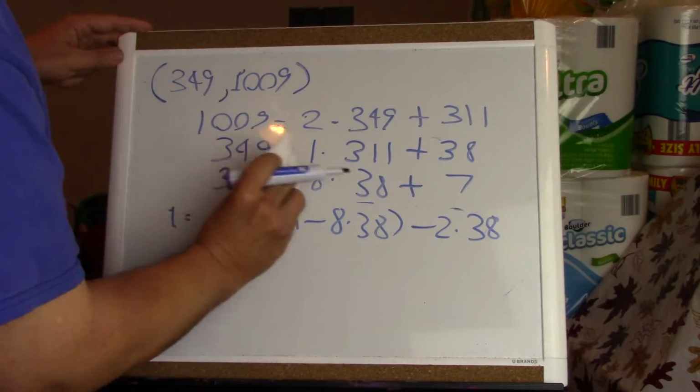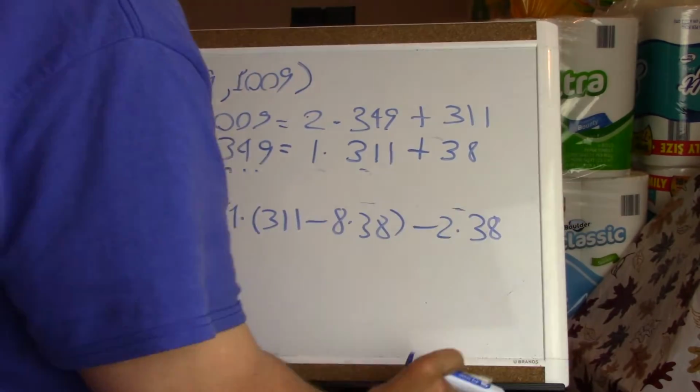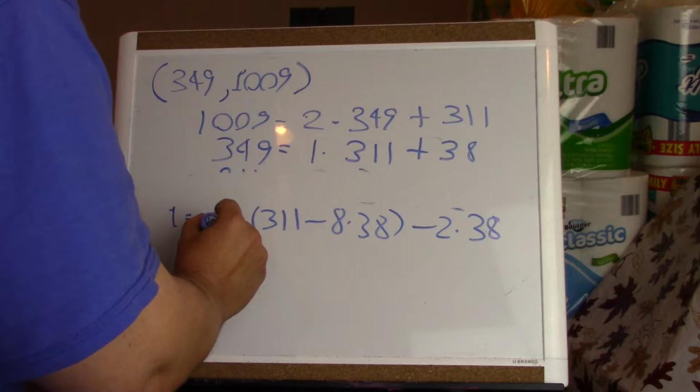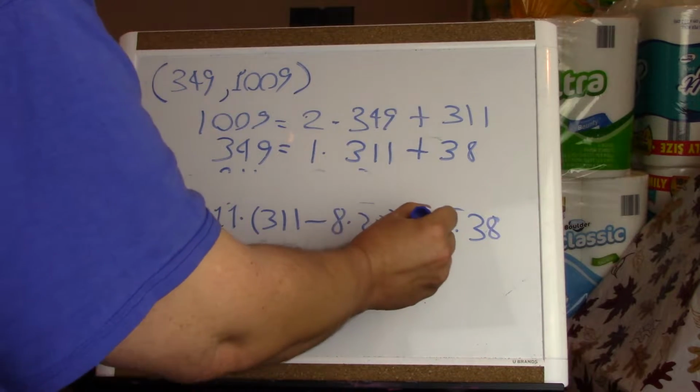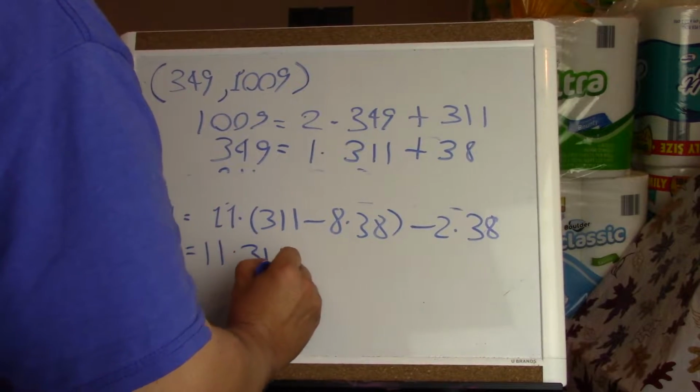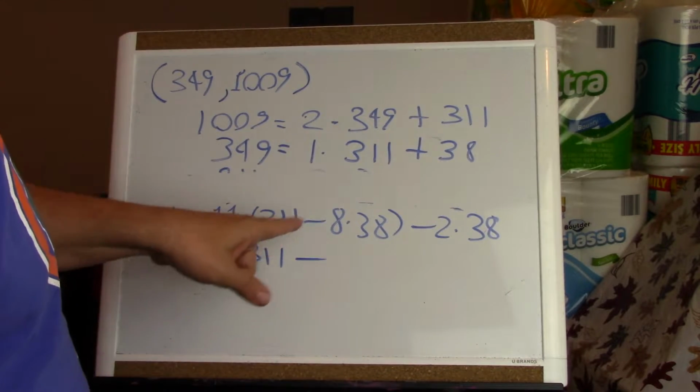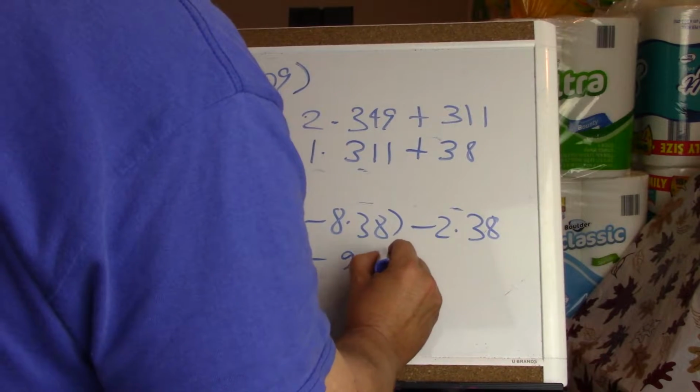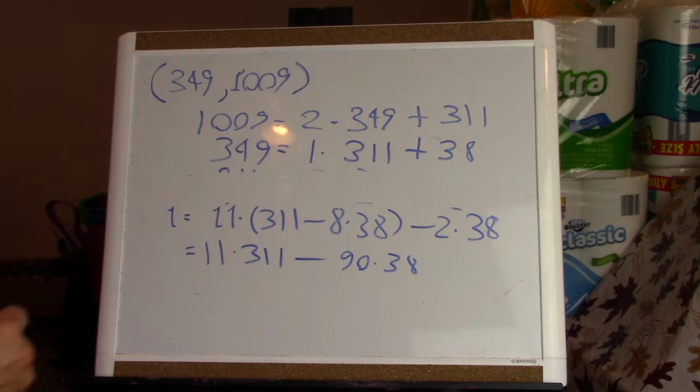Then that happens to be 88 and 2, which is 90. So 11 times 311 minus 90 times 38, and I'm going to check this number.